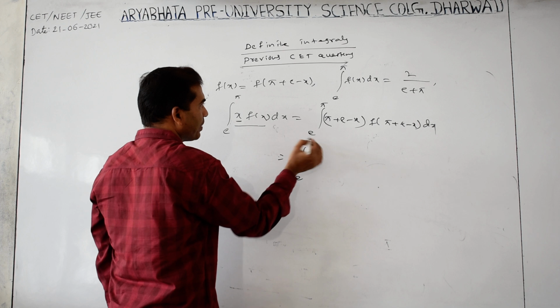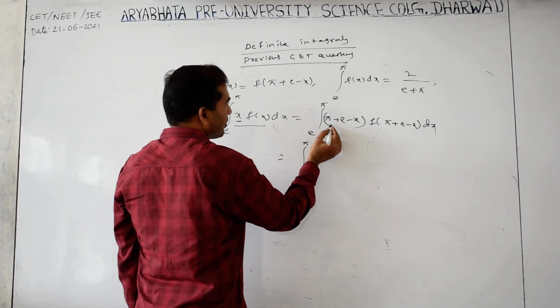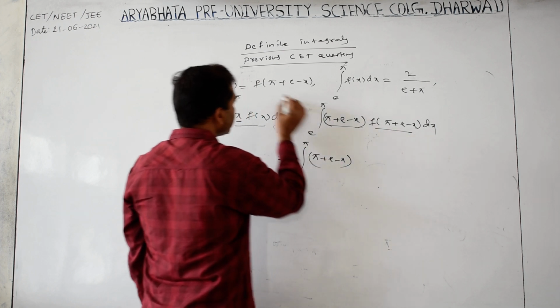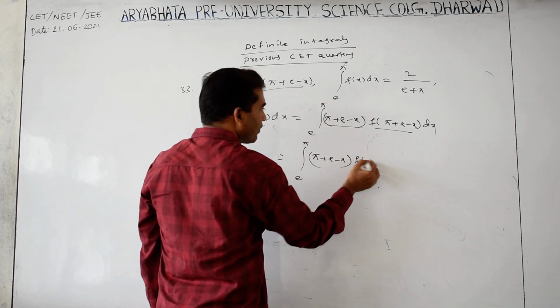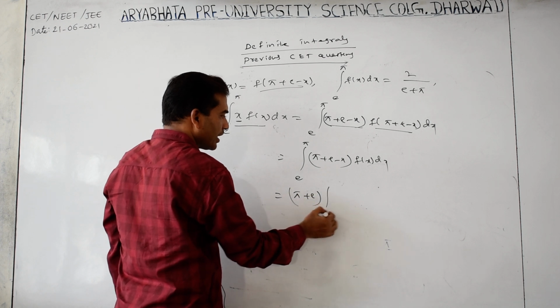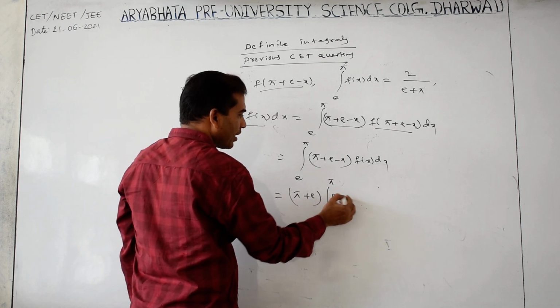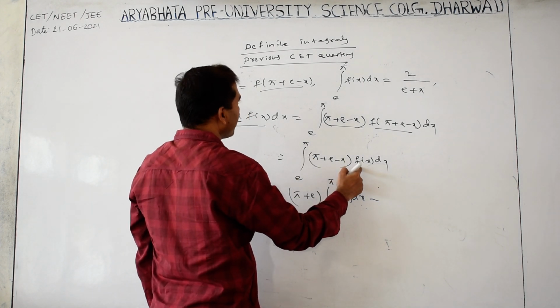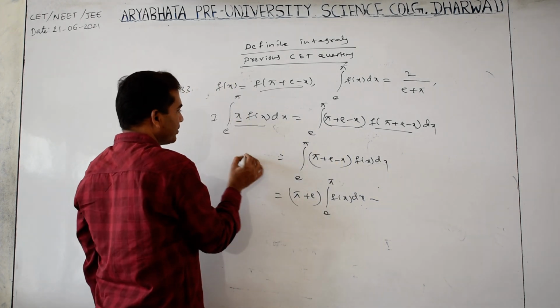Since f of pi plus e minus x equals f of x, we get pi plus e integration of e to pi f of x dx minus integration of e to pi x into f of x dx. This is the I.